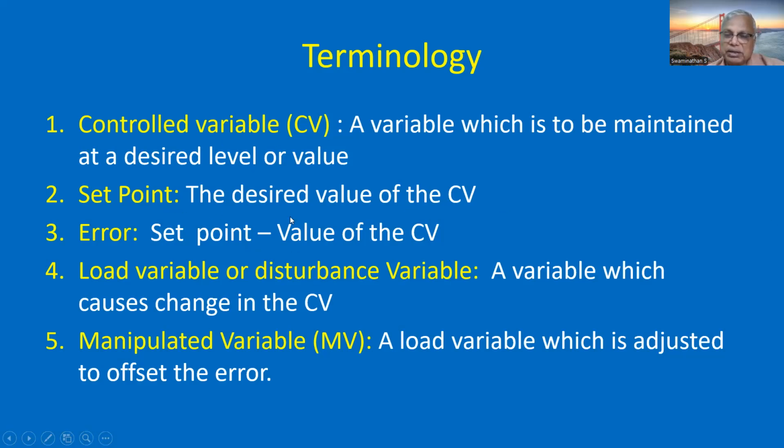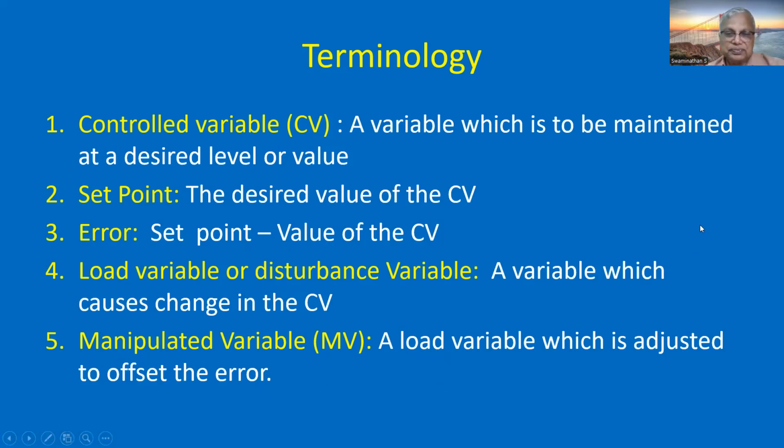How will it be done? It will usually be done by adjusting another load variable. That load variable which is adjusted or manipulated to offset the error is known as the manipulated variable.